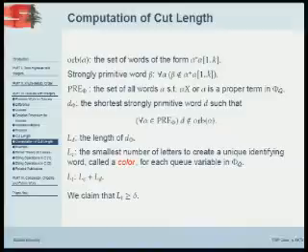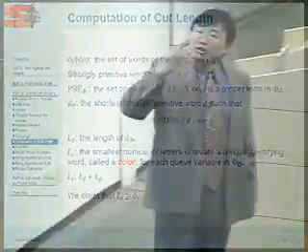So how to do the computation? We need a little bit of terminology. We call the orbit of alpha the set of words of this form. Basically, we just repeat alpha, and any word in this infinite sequence is called in the orbit of alpha. And we say a word beta is strongly primitive if beta is not in the orbit of any alpha.